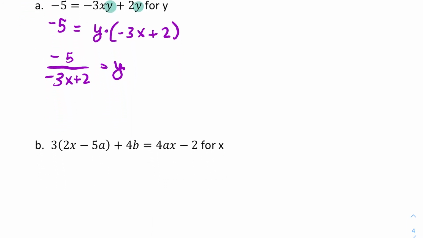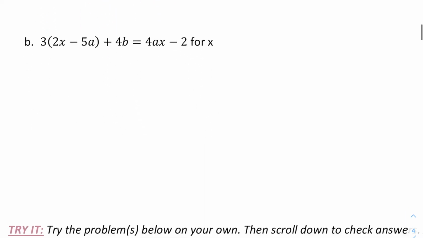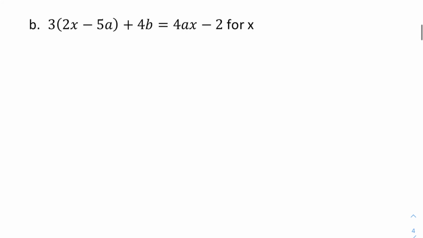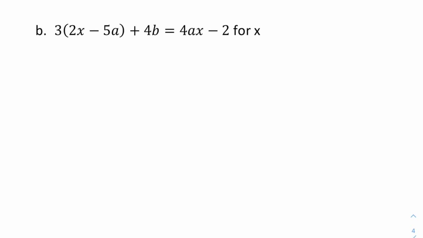You may not necessarily have one where all the terms with the variable you're solving for are on one side to start with. So if you look at b here, I'm solving for x, and I've got x's here, here on both sides of my equation. So I need to get everything involving the variable that I'm solving for together on one side. So I'm going to work on that by multiplying my 3 in.